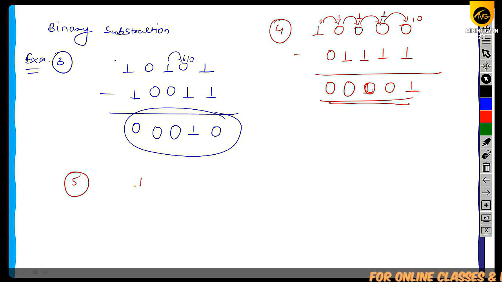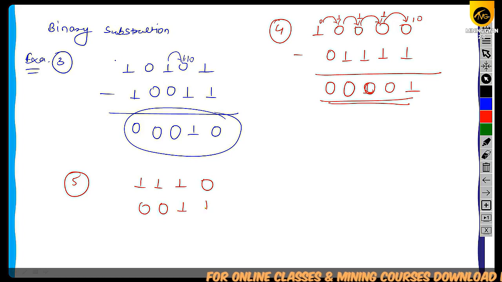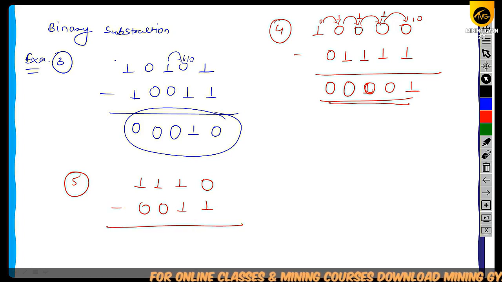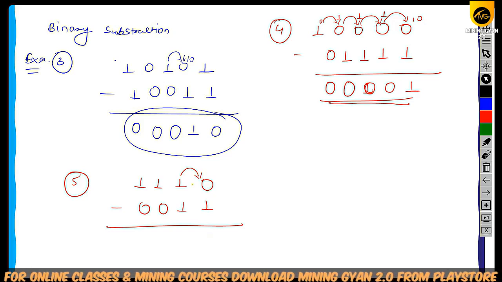Okay, similarly 1110 minus 0011. So 0 minus 1 is not possible, so we have to borrow from the previous column, so it will become 10. 10 minus 1 is 1.